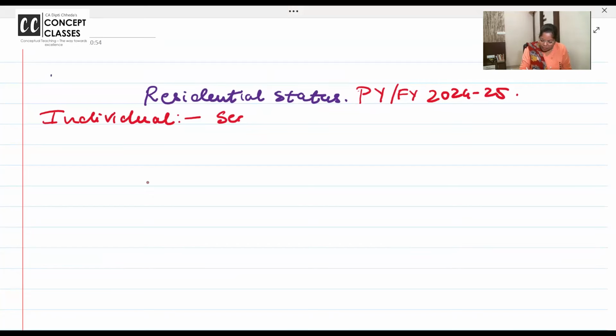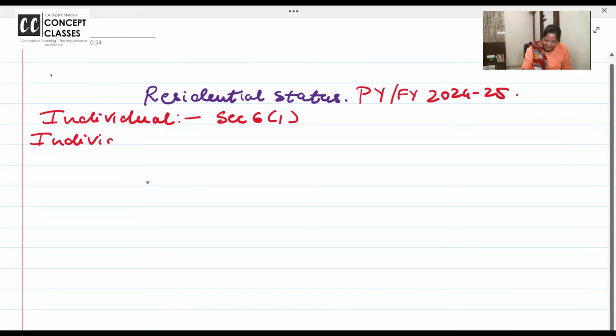All the conditions are given in section 6. Sorry, 6.6 will come later. First 6.1. So, an individual. Write down, please. All of you have to write like this. Individual should satisfy, I'm giving all the basics from scratch. When we do problems, you link up this knowledge, apply and solve it.